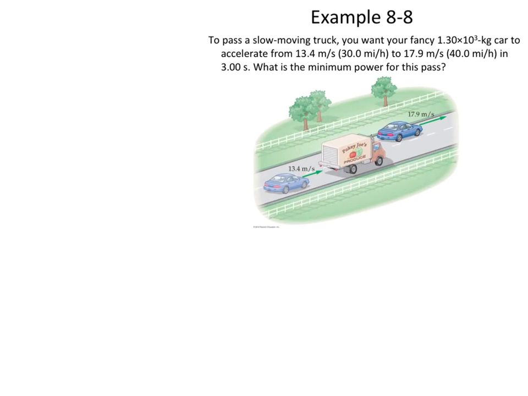To pass a slow-moving truck, you, in your car, want your car that has a mass of 1.30 times 10 to the third kilograms. So the mass of the car equals 1.30 times 10 to the 3 kilograms. If you move that over 3 places, that's 1,300 kilograms.